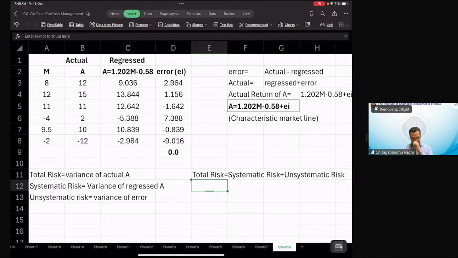Right, guys? Can we call the total risk to be equal to systematic risk and unsystematic risk? Correct?